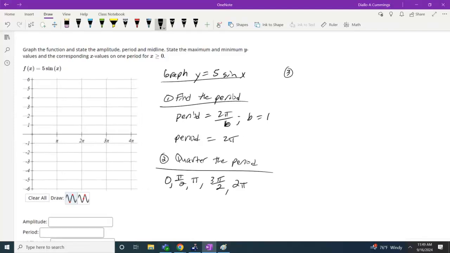The third thing we're going to do is evaluate. We're going to make an X and a Y chart.